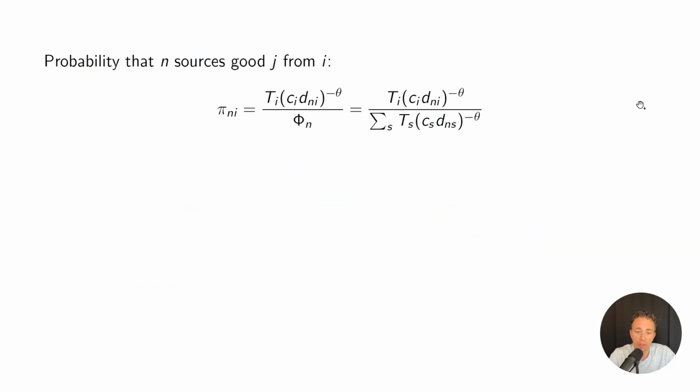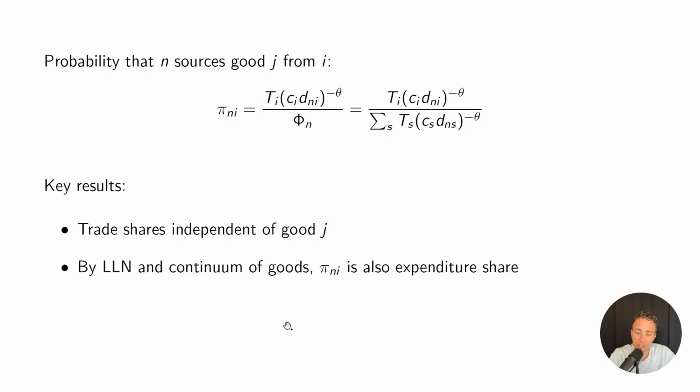So we've got our closed form probability. And then similar to the IIA, we're going to have this fact that these trade shares are independent of the good in question. But then because we're assuming, in the background, I skipped over it, there's a continuum of goods. So we assume that there's just an infinite variation in goods.